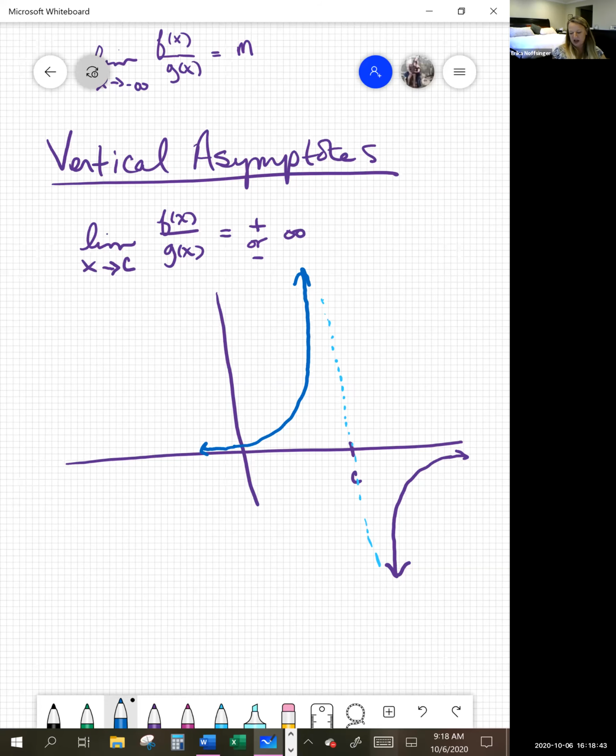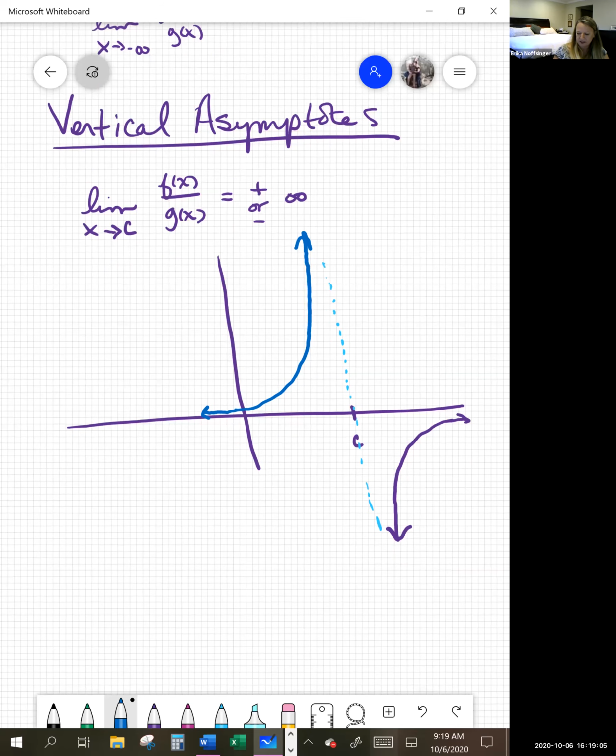So we've got a vertical asymptote at c. And the graph I just drew actually has a horizontal asymptote. As x is going to negative infinity, our y value is getting closer and closer to the x-axis, so y equals 0. And as x is going to positive infinity, this is going to a y value of 0.